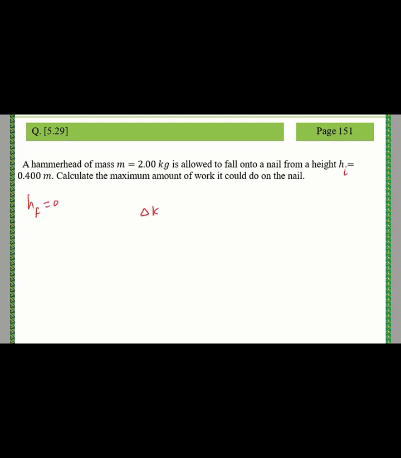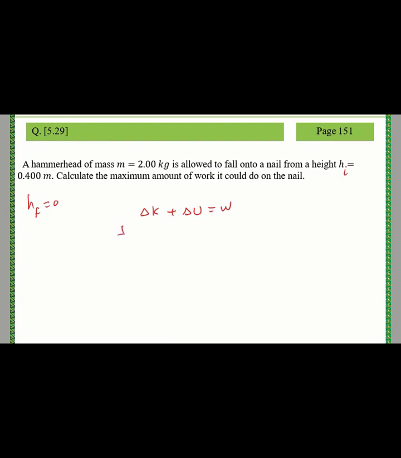Delta K plus delta U equals the work done.